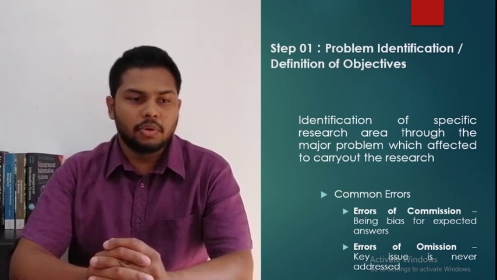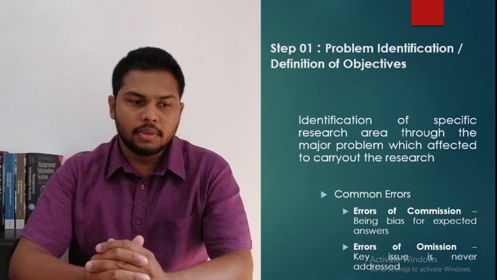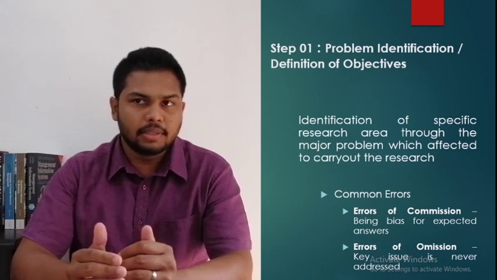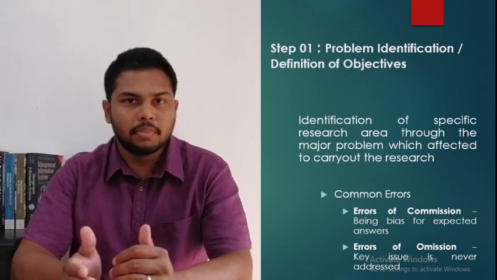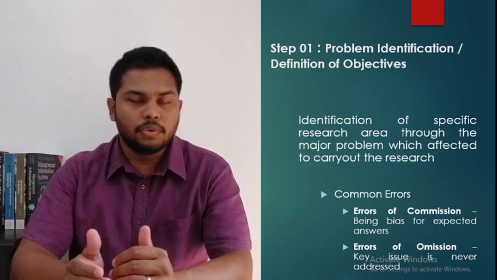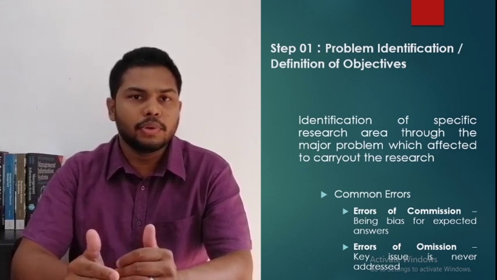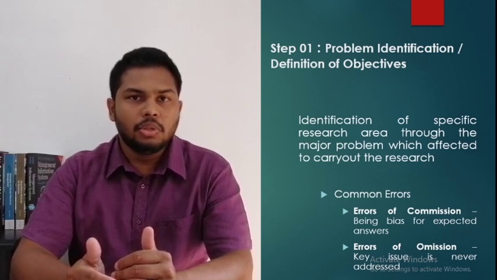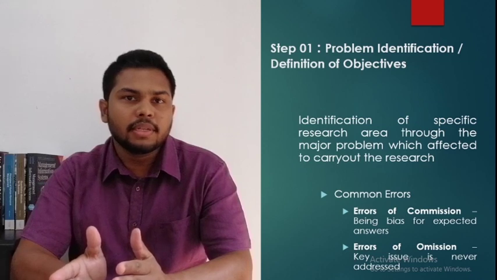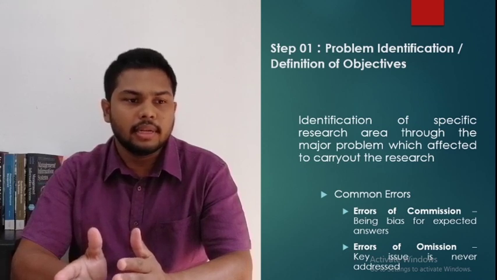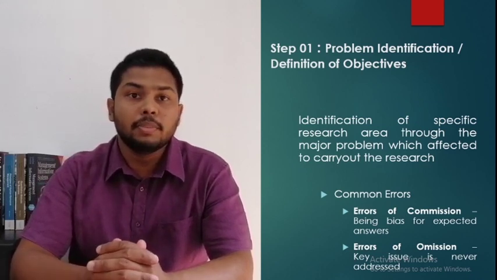When finding the information, you can be biased about your outcome. Let's say you want a favorable outcome for your opinion; you will be biased in collecting that sort of information in marketing research. That is what we call errors of commission.